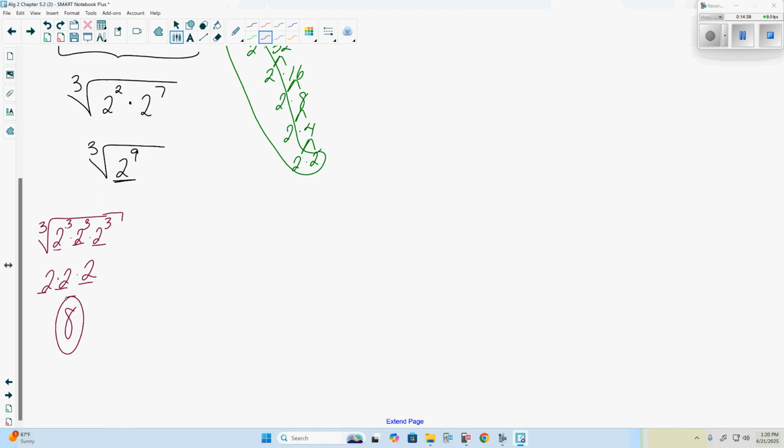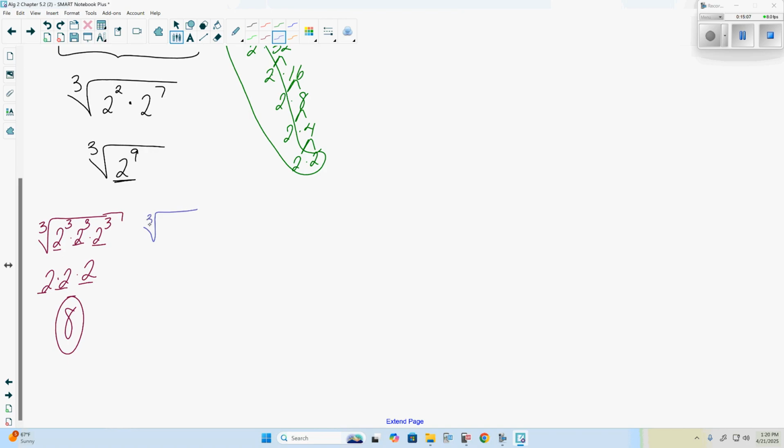Because we could rewrite each one of those as the cubed root of 2 to the 3rd, times the cubed root of 2 to the 3rd, times the cubed root of 2 to the 3rd, which would give us our 2 times 2 times 2, which is 8. Because this is just our power of a product. Yes.